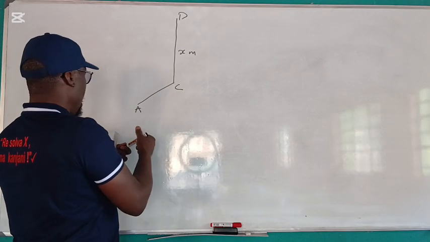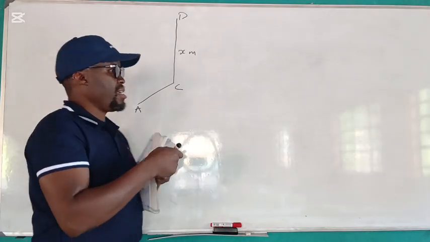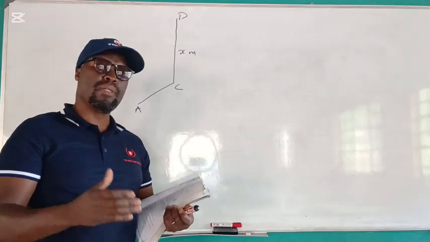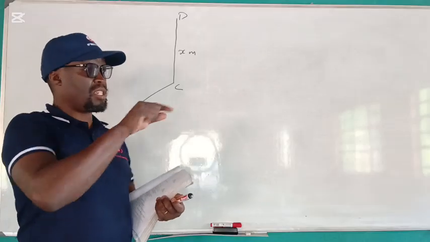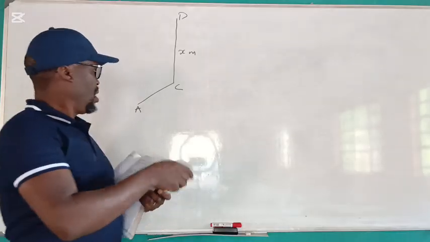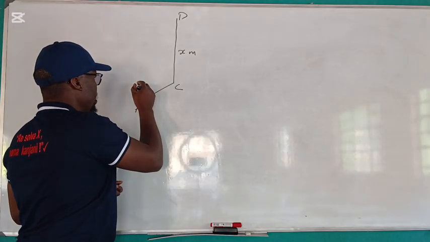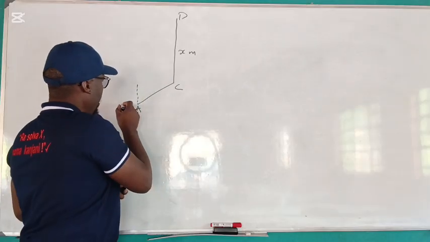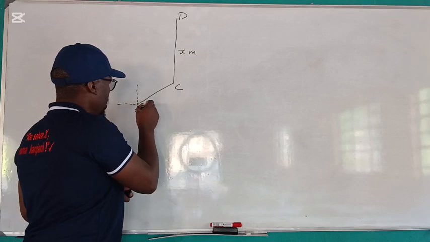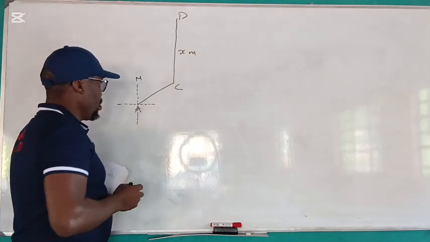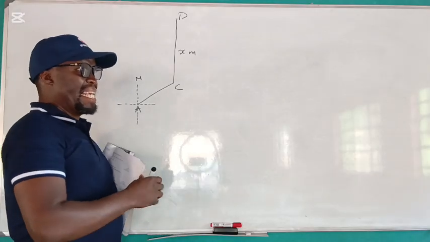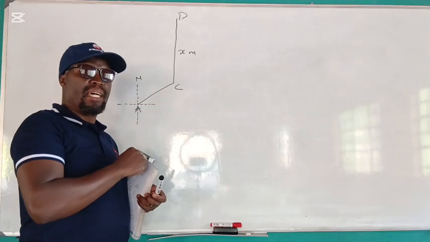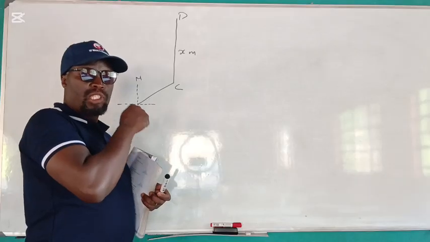And you are told that from A, the bearing of C is alpha. Now, as far as bearings are concerned, you should remember that when we go about determining direction using bearings, we should have something like this. You have to think along the lines of the compass. And that is our North Pole. So the bearing is the direction which is taken from the North Pole and moving in a clockwise direction.